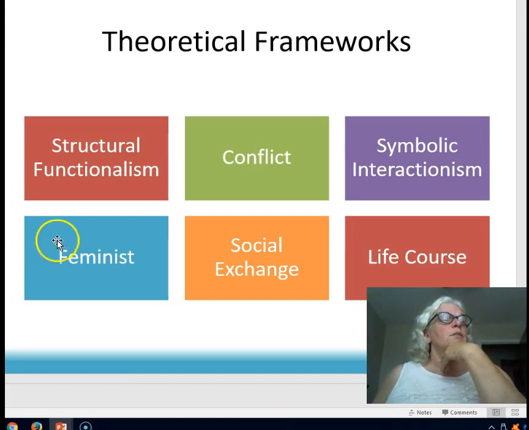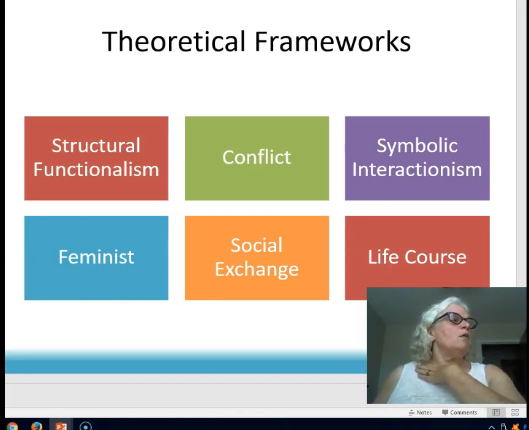The other things that come into place, and if you've taken social problems, we talk about feminist theory, but feminist theory is also considered a subset of conflict at times. Social exchange is what I've already mentioned to you, very important when we start looking at families, and life course theories. Life course theories will drive especially things in aging and how we live our life and how we expect it.